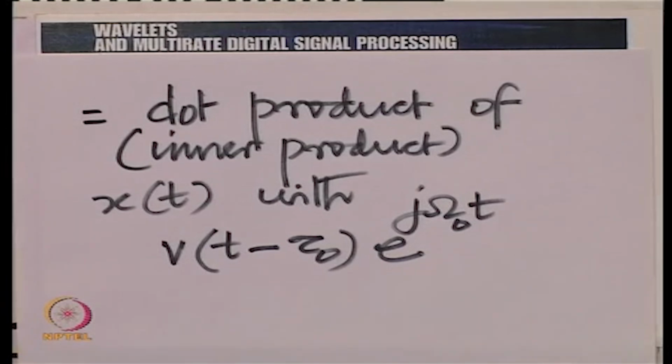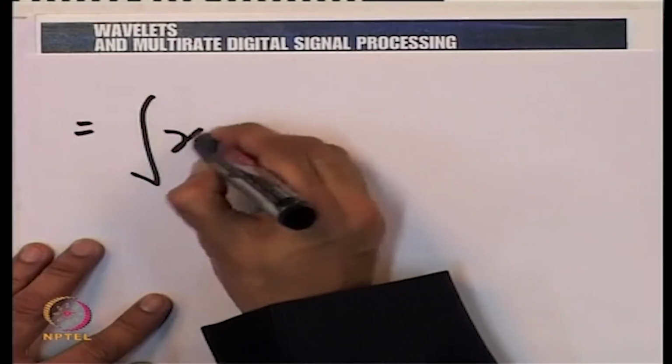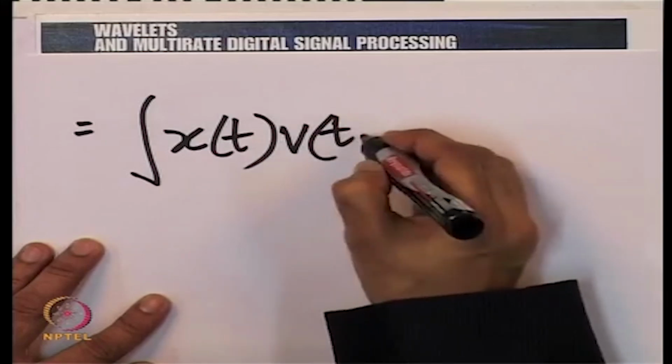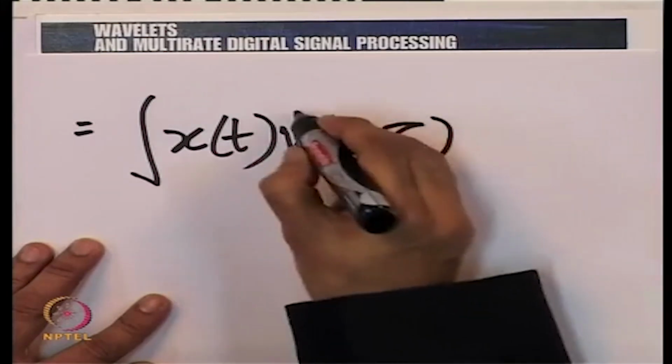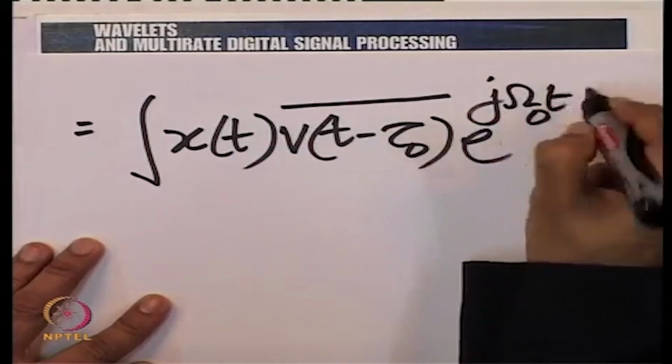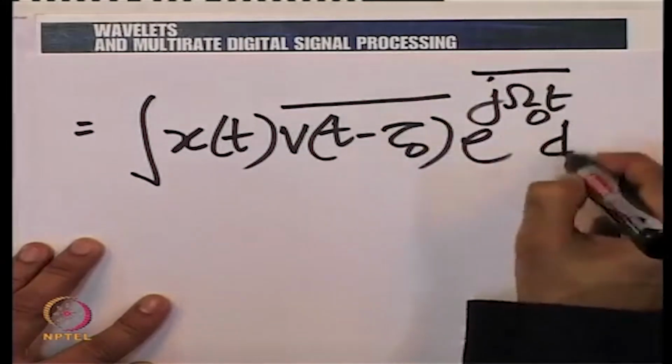And how would this dot product look? Let us write it down. Integral of x(t) multiplied by v(t minus tau 0) conjugate, e raised to the power j omega naught t conjugate, dt.